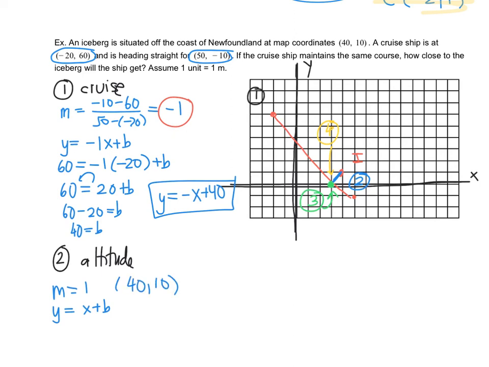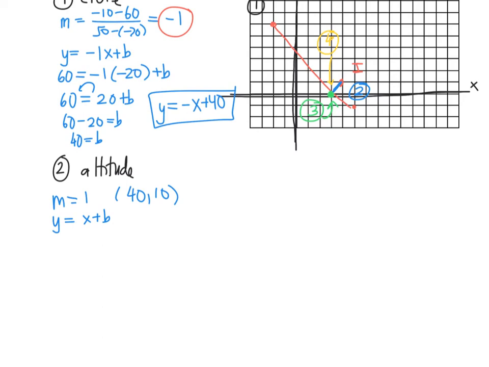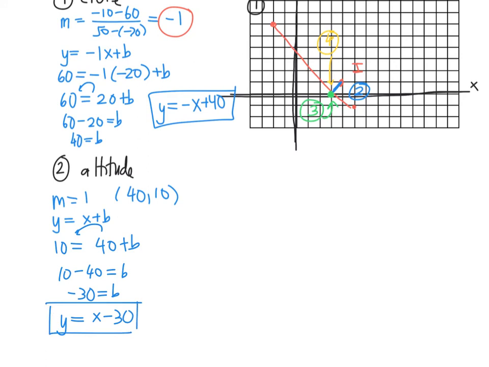Nothing else, because you don't know any other point on the altitude. So we have 10 equals 40 plus b. Bring that 40 over and change the sign. So hopefully you got -30 for your y-intercept, making your altitude equation y equals x minus 30. There we go. We did step 1 and 2. So find the equation of your original line, find the equation of your altitude.